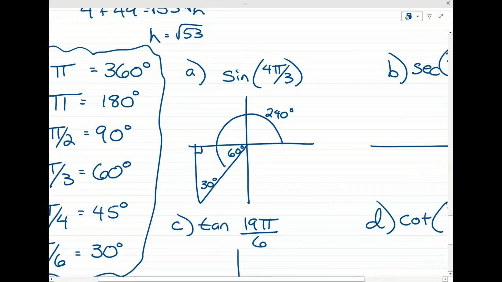From here, remember, anytime you go left or down, that side is negative. You just have to have these sides memorized by now. Opposite the 30 is 1, hypotenuse is 2, the 60 is √3. So this is an easy problem, as long as you have your special triangles memorized. Sine would be the opposite over hypotenuse. Easy, as long as you understand what the rules are.